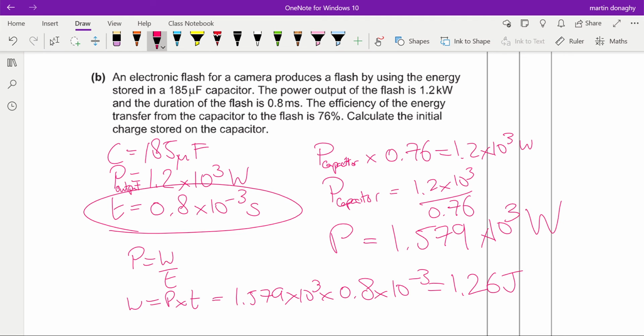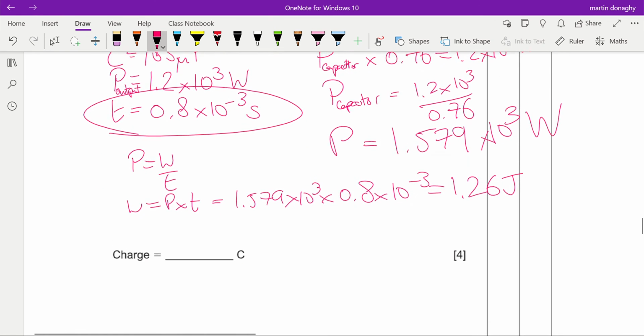Okay, so we need to calculate the energy first. Then we can use energy equals, and we're trying to find Q, and we've been given C. So the equation that we should use is a half Q squared all over C.